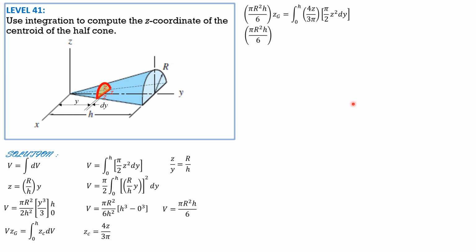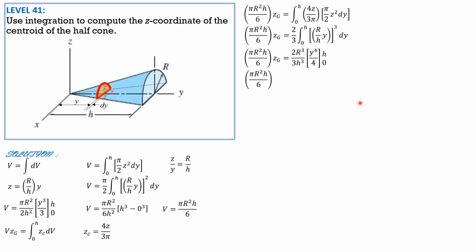So pi r squared h over 6 z sub g is 2/3 integral of r over h y, quantity cubed, dy, which is 2 r cubed over 3 h cubed. Integral of y cubed dy is y to the 4th over 4 from 0 to h.